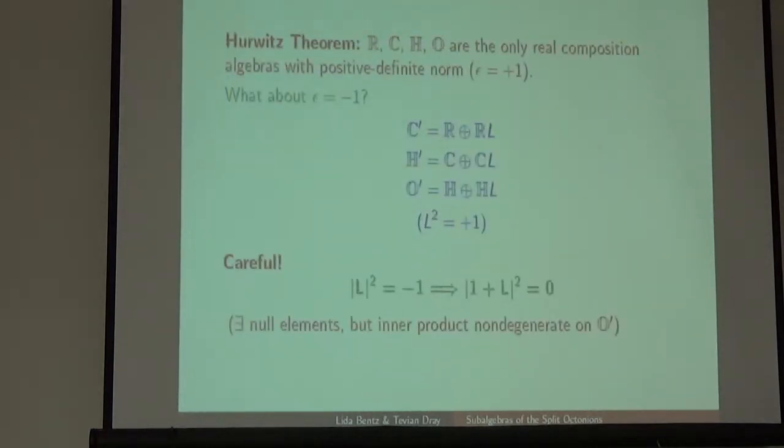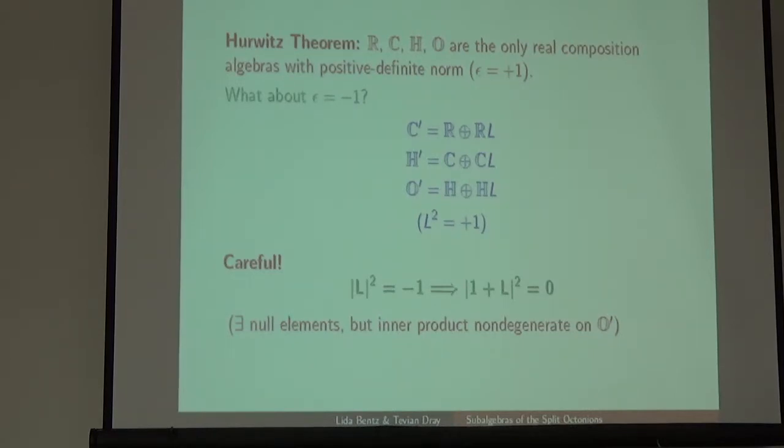There's a theorem, the Hurwitz theorem, which says that if you want the norm to be positive definite, then the choices I've already shown you are the only possibilities over the reals. The reals, the complexes, the Quaternions and the Octonions are the only real composition algebras with positive definite norm.